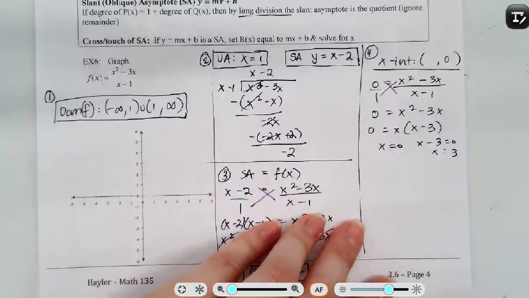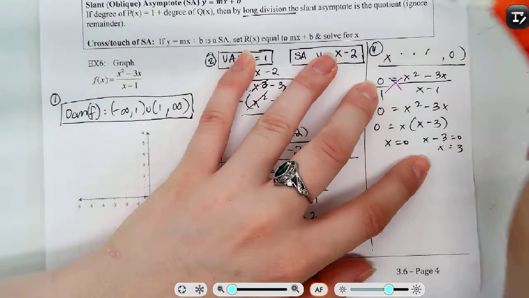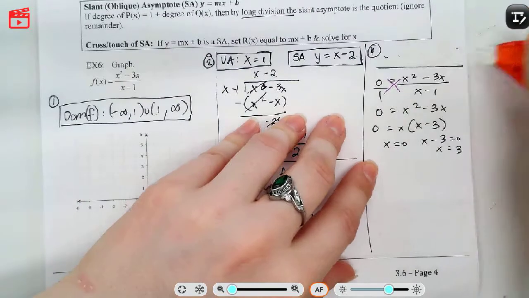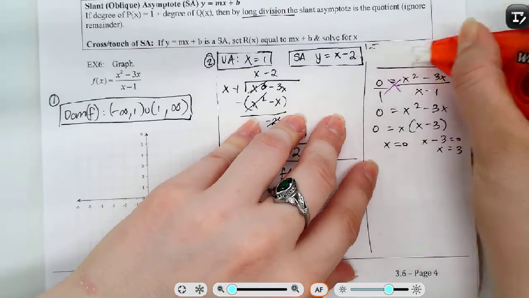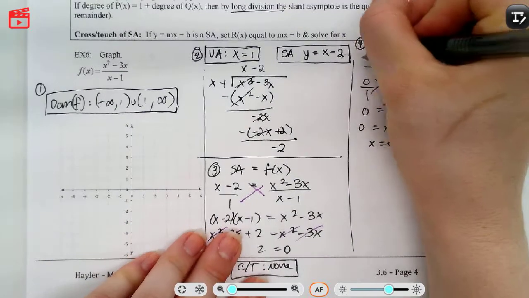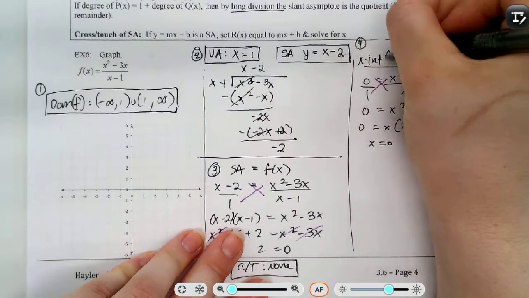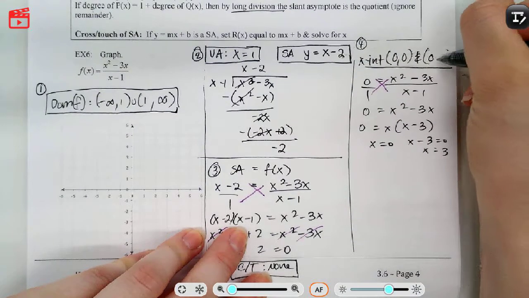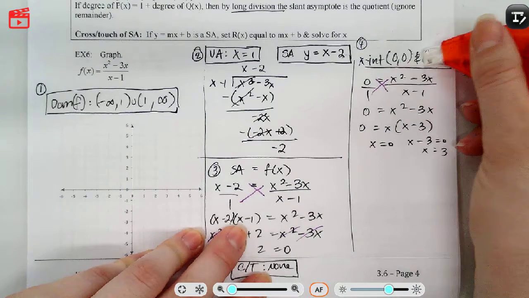All right, so we have 2 x-intercepts. Let me go ahead and make some more space for those. Okay. So x-intercepts, we had 0, 0, and 3, 0, excuse me.